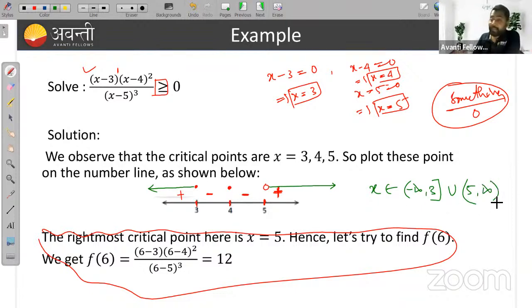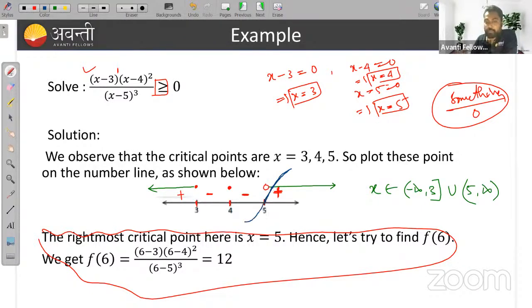This is why we are calling it the wavy curve method. If you draw a wavy curve, see, start the curve from here, and change the side of the curve when you are getting an odd power factor.